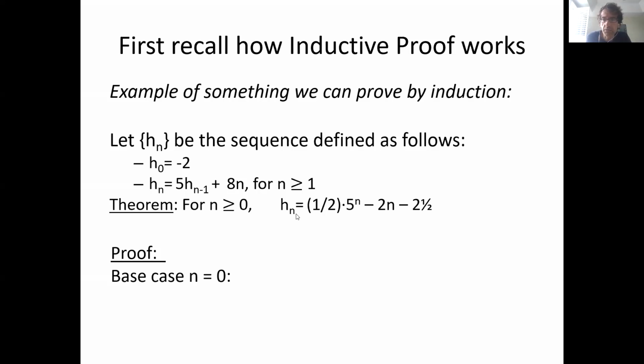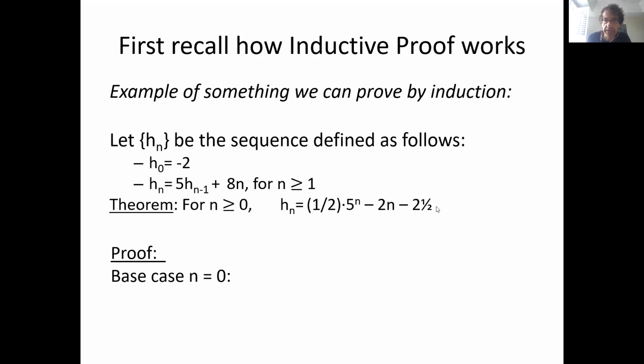Let's now see how you would use induction to prove that this is a closed formula. So what are you proving? You're proving a predicate that says that for any n, the nth element of this recursively defined sequence, namely the sequence defined by a recurrence relation, has the following closed formula.